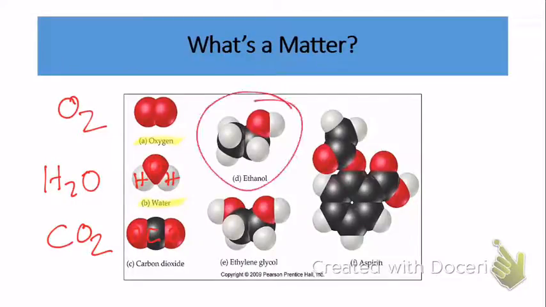Ethanol, right here, which is alcohol, essentially. And there are several types of alcohols. Ethanol is one of them. It's made up of two carbon atoms, several hydrogen atoms, and oxygen. And it actually has a chemical formula of C2H5OH.